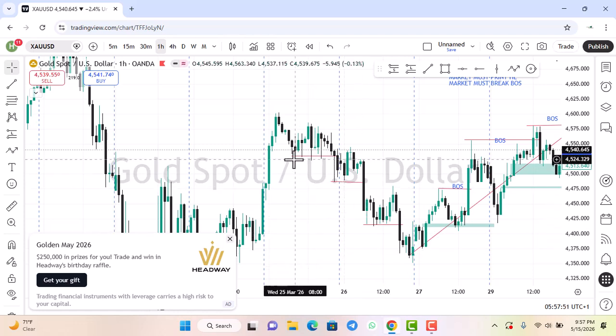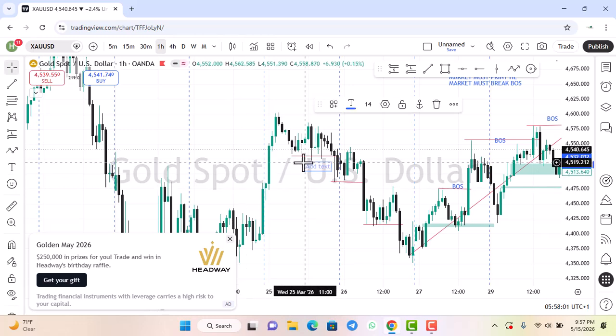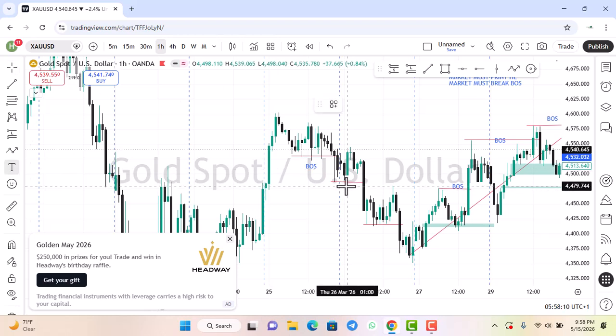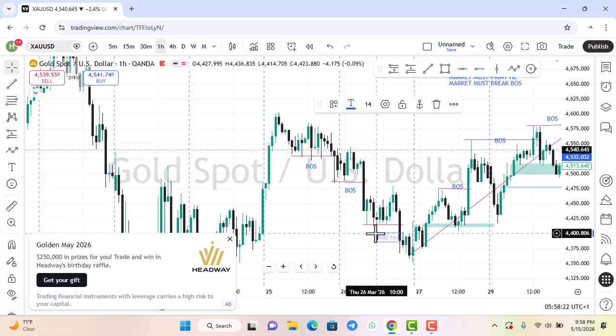Now look at it here, price comes here, breaks it, we have our valid break of structure in a downtrend, BOS. And here we have our valid break of structure in a downtrend, BOS, and here again we have our valid break of structure in a downtrend.